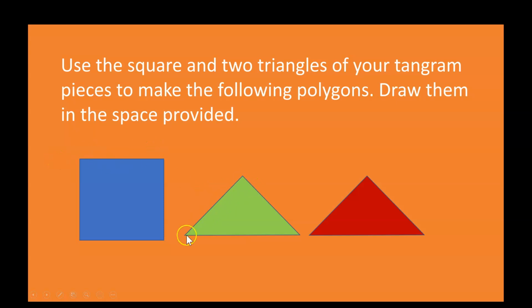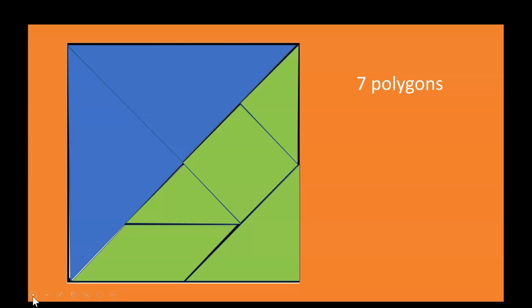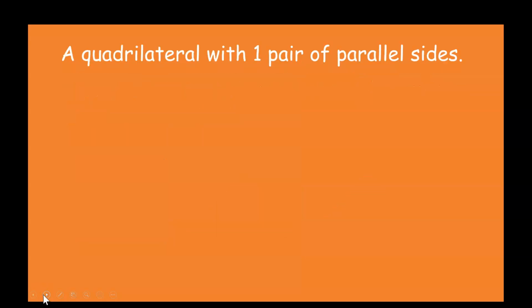This side and this side, these are not parallel because they are not going the same way. One's going up and down, the other one's going side to side. So go ahead and make a quadrilateral, which remember a quadrilateral has 4 sides and 4 angles, and make sure it has 1 pair of parallel sides.